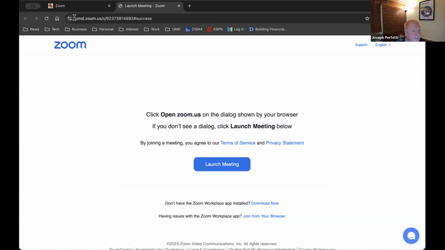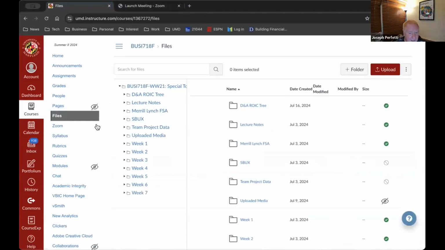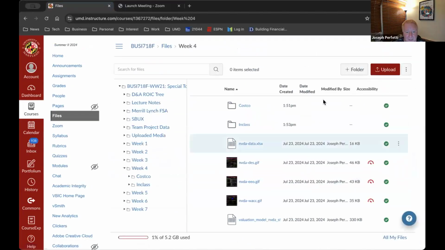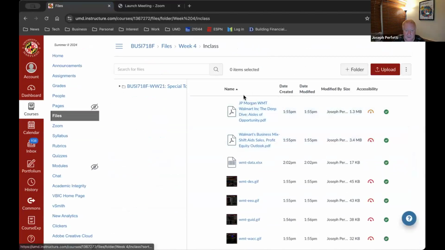So before we come back from the break, in Elms, under Files, under the week 4 folder, there is a folder I put in here called In Class. Okay. In Class is data for Walmart that I pulled today.